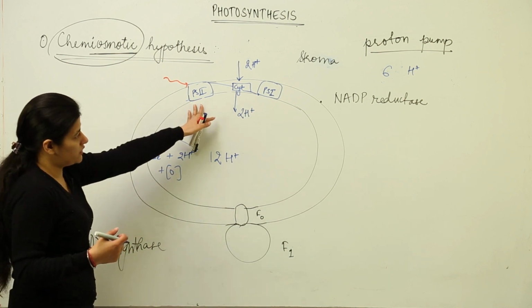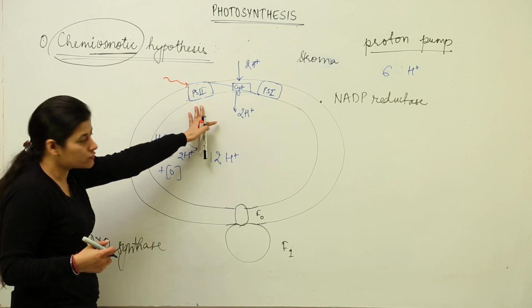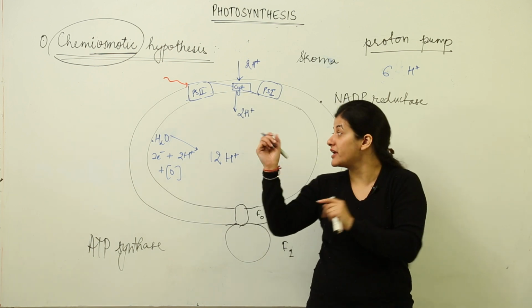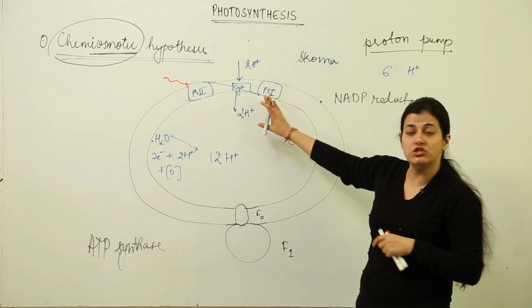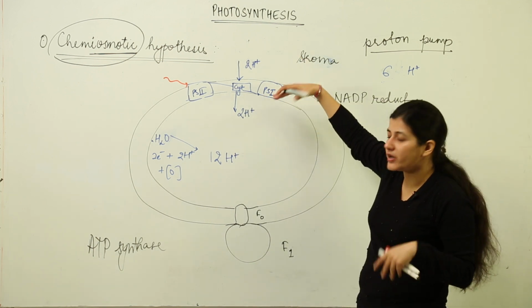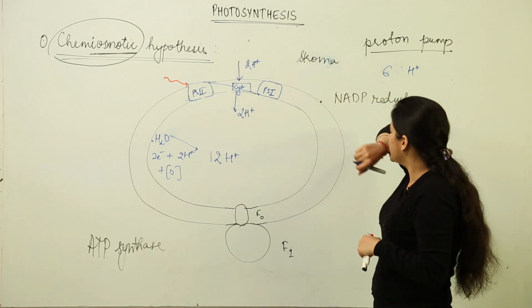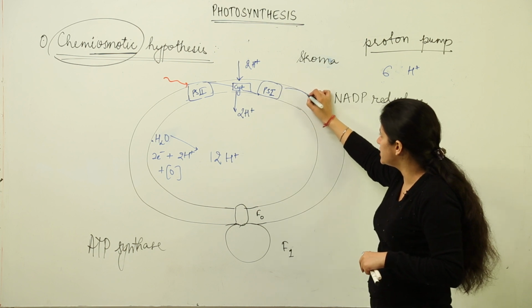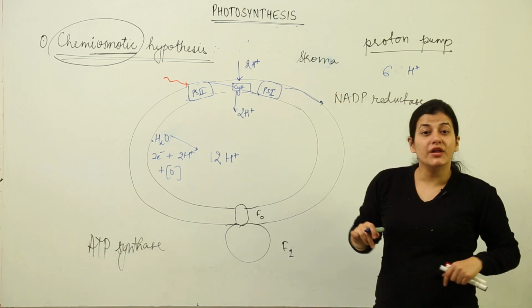Come back to the electron that was excited from the photosystem as a result of the photochemical reaction. Now this electron, when it reaches photosystem 1, goes to agent X, then to reducing complexes of iron, and finally it reaches NADP reductase.